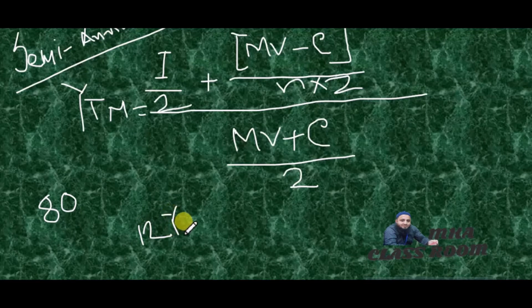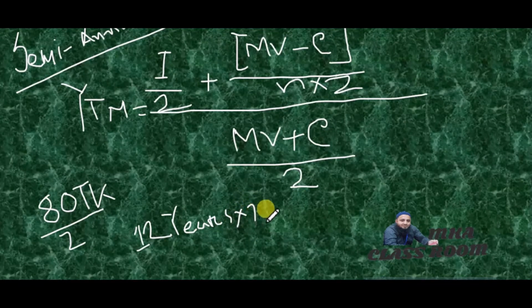That is the problem we will do. So here 80 taka divided by 2, and 12 years into 2. So our coupon payment should be 40 taka, and our N value should be 24.